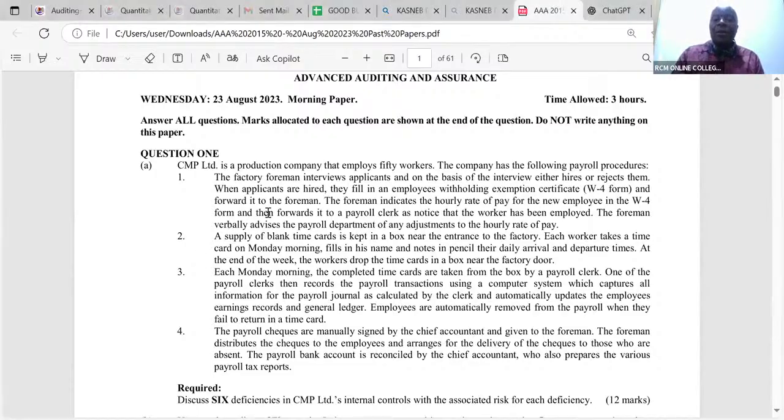So now, ladies and gentlemen, you're reading this. We are told here the foreman indicates the hourly rate of pay for the new employee in the W4 form and then forwards it to a payroll clerk as a notice that the worker has been employed. The foreman verbally advises the payroll department of any adjustments to the hourly rate of pay.